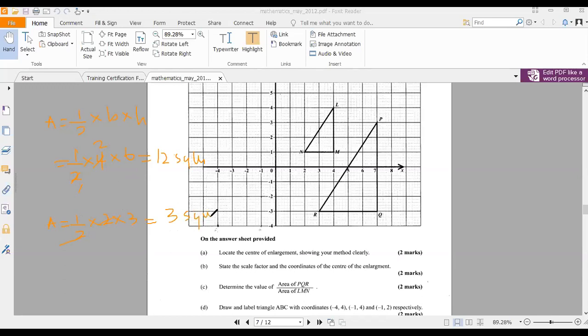All right. Now you are going to divide, so this would have been 12 over 3, which gives me 4. Okay. Any questions so far on that?